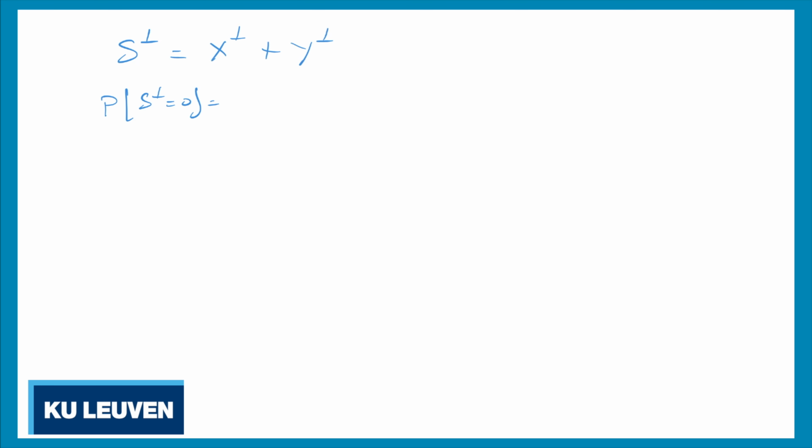Because X and Y are taking value 0 or 100, S can only be 0 if we have that X is 0 and Y is 0, which, that's what we derived on the previous slide, is equal to 1 over 4.